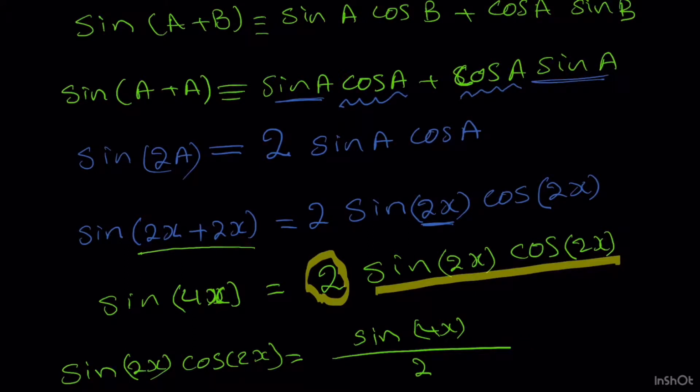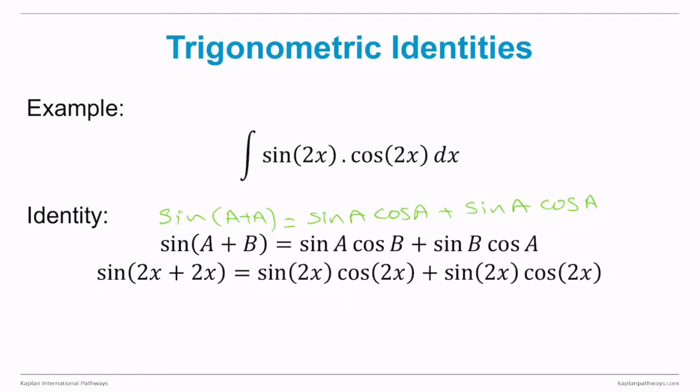Right. Go back to the slides. I explained it on the board already, so I'm just going to go through the slides and see what's there. Sine 2x plus 2x, we add them together, so that's sine 4x.